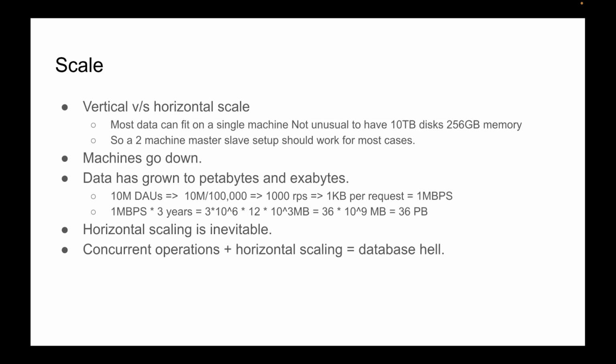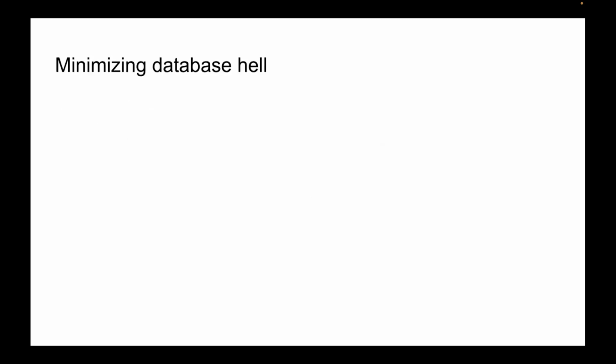You have that complexity as well. This is what I commonly refer to as database hell. When you have to handle concurrent operations at this enormous scale, you come to what I would characterize as database hell. Obviously we don't want to be in this hell, so you want to minimize the hellish aspects of databases.